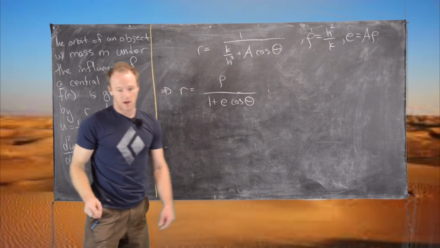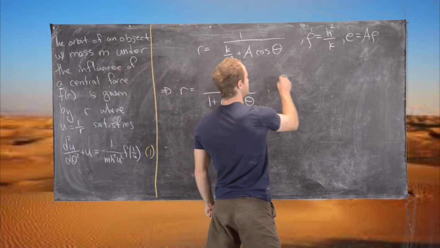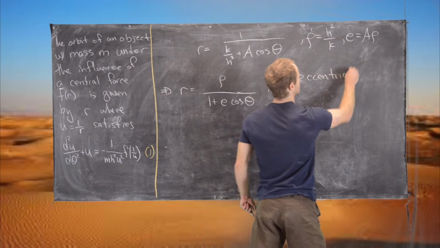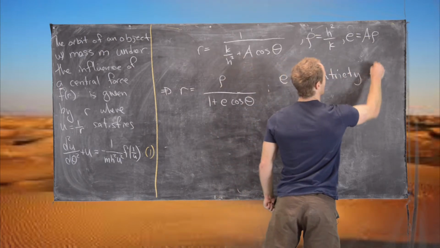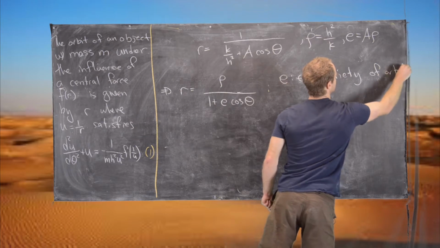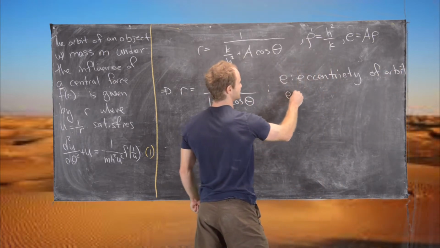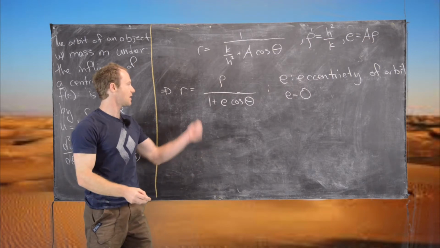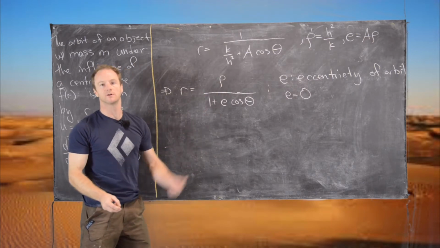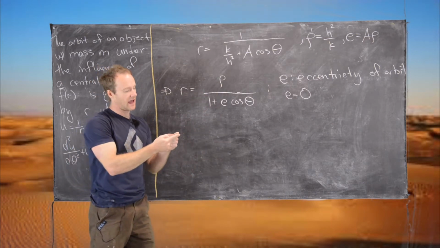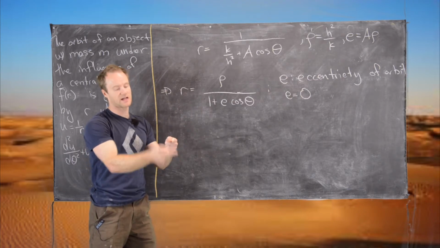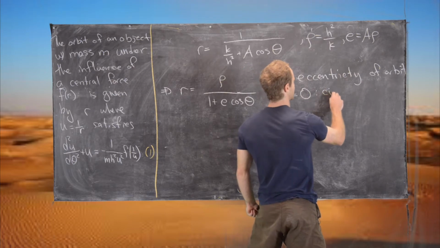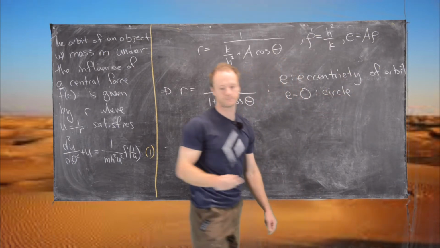Good. And then in this case, e is called the eccentricity of the orbit. And let's just notice some important points for e. So if e equals 0, we get r equals rho. So rho is a constant, and if r equals a constant, that's a circular orbit. So this gives us a circular orbit.